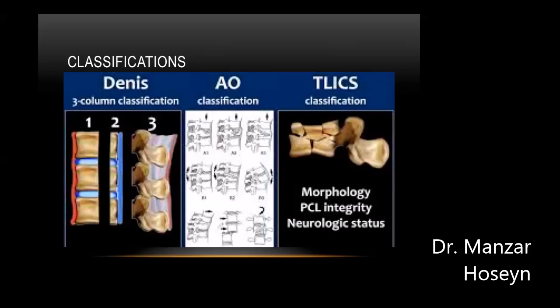So people have come up with the AO classification system and the thoracolumbar injury classification. Most neurosurgical teams are using this system because it also gives you an idea of which patient should undergo surgery, and it is probably easier to remember than the AO classification system, but hopefully by the end of the session we'll understand the difference between the two.